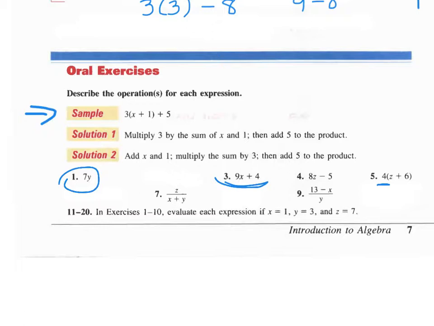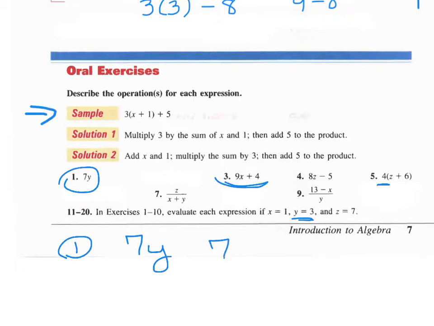All right, let's practice evaluating. So now let's go back and just do 2 of them. If I were to evaluate number 1 now, and they told me that y is equal to 3, what would I get when I substitute the value of 3 for my y? 21. Good.